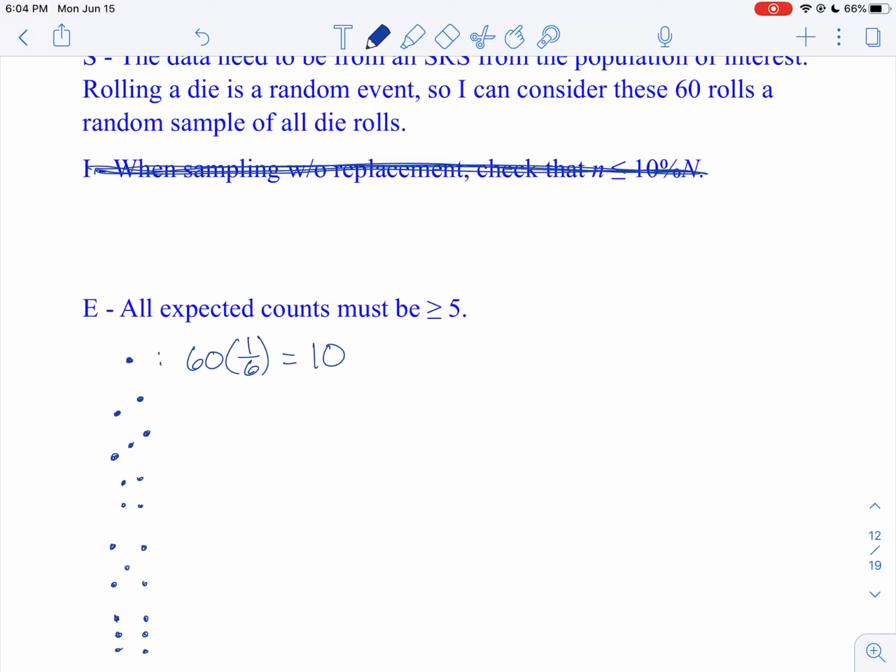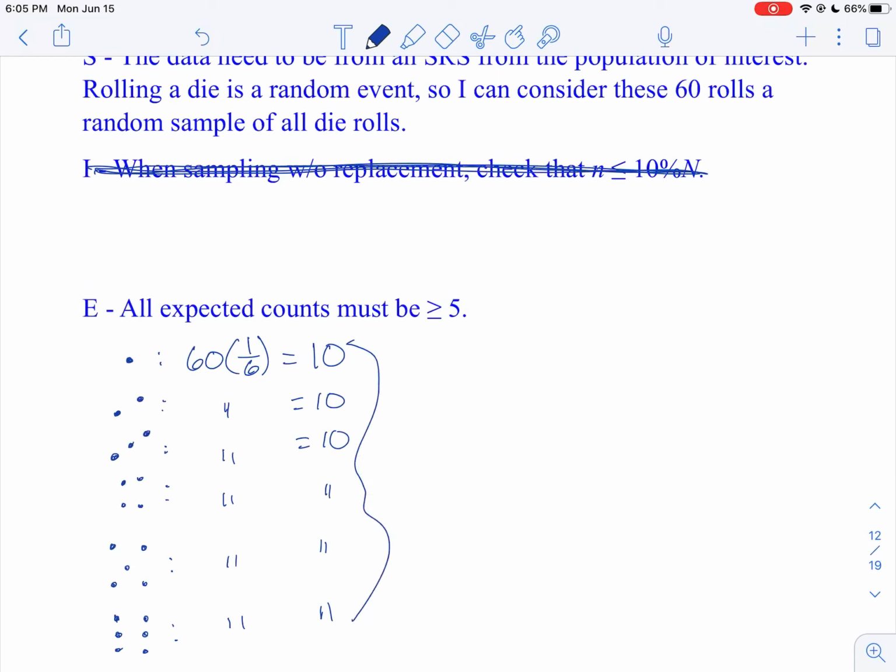Shouldn't I, if I roll a die 60 times, expect 10 of those rolls would come out to be a 1, and 10 would be a 2, and 10 would be a 3, and so on? So can I just do quotes the rest of the way down? I think I missed one somewhere. Oh no, I'm good. Okay.